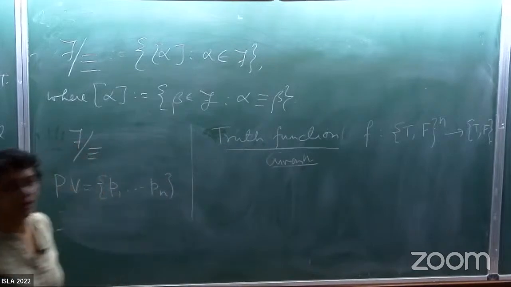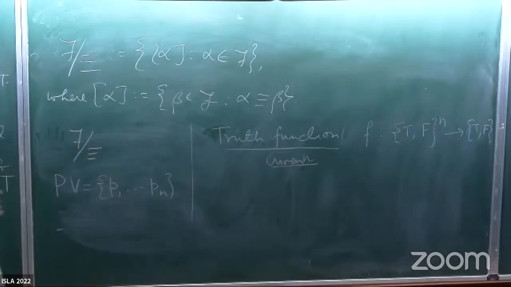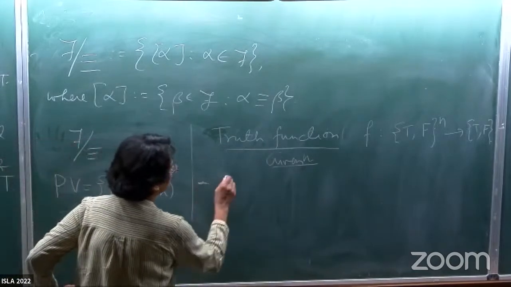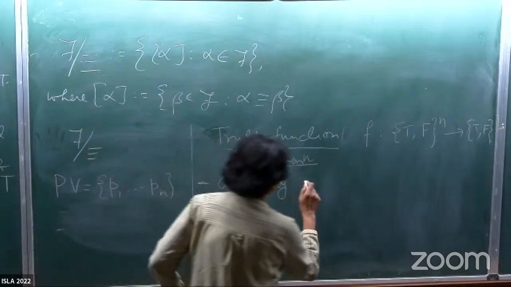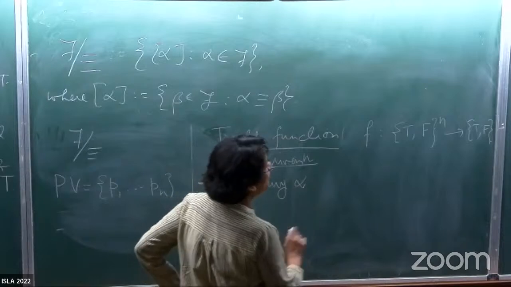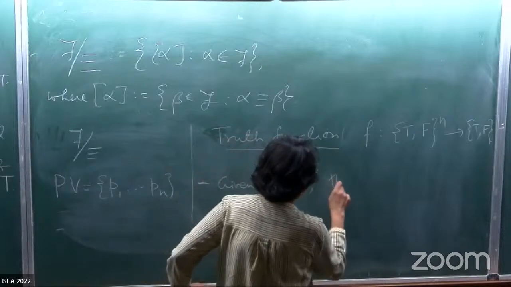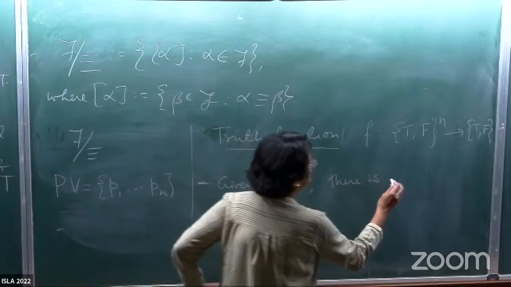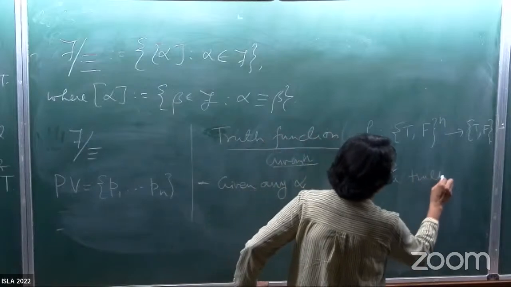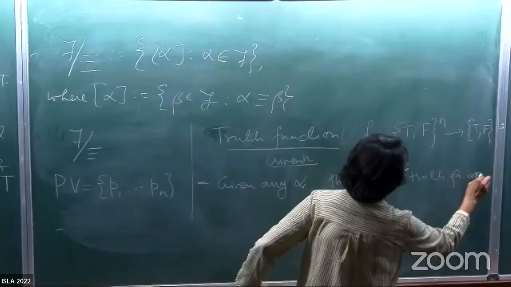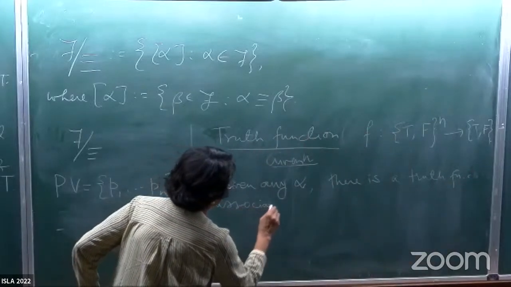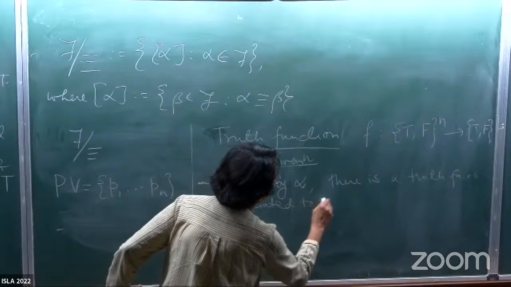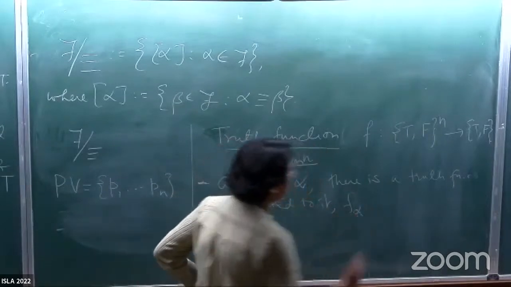The importance of this is that, and that will bring me to another exercise, given any formula alpha, there is a truth function associated to it. Let's call it F alpha.